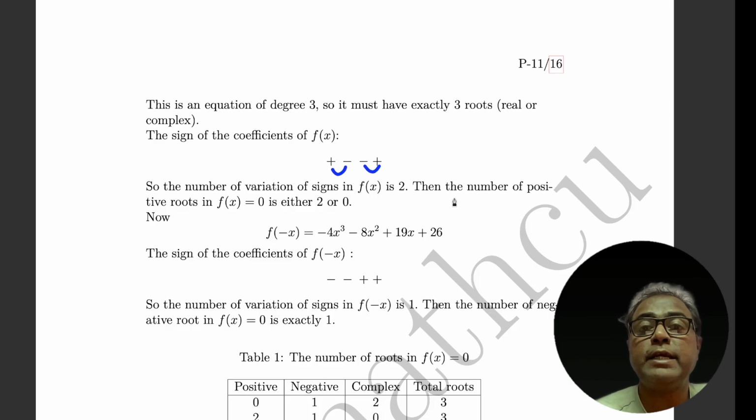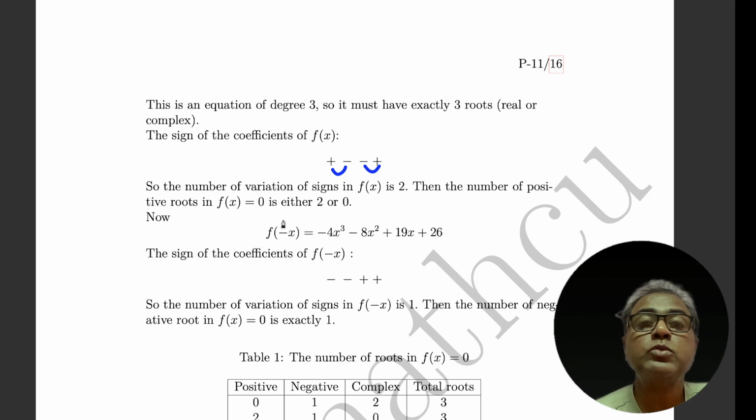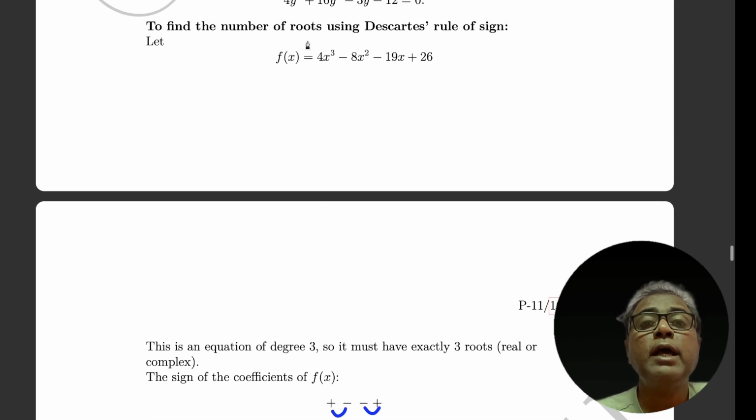So 2 changes here. Then the number of positive roots of fx equal to 0 is either 2, because there are 2 variations of sign, or it is diminished by an even number. So 2 minus 2 is 0. So either 2 or 0. Now f of minus x: 4 into minus x whole cube minus 8 into minus x whole square minus 19 into minus x plus 26.